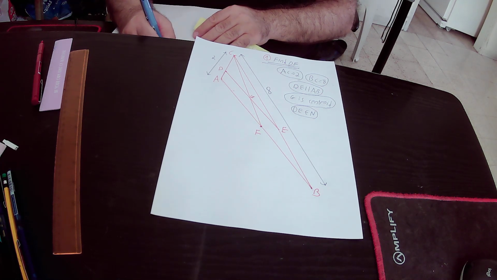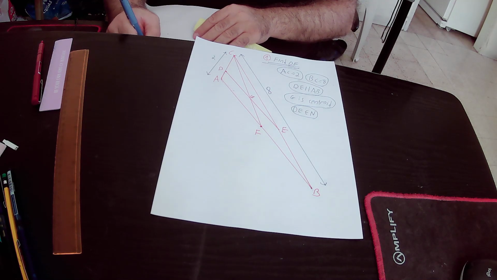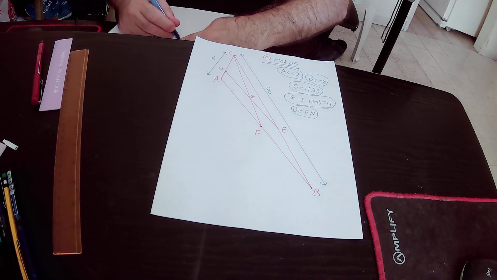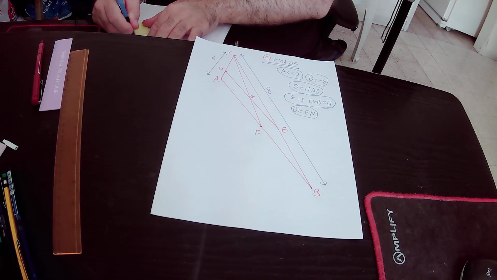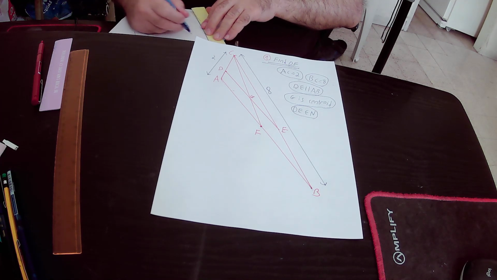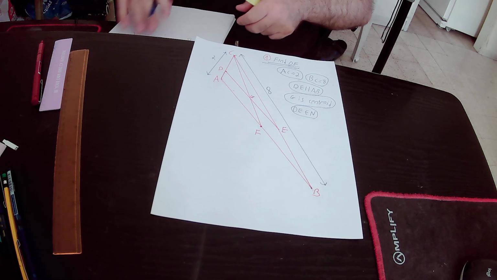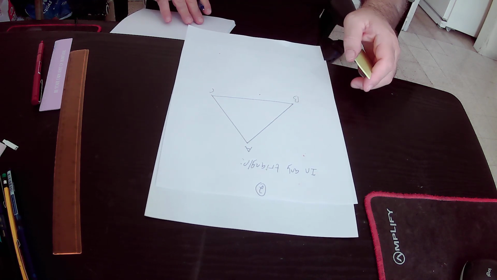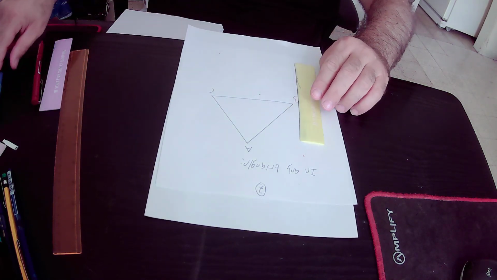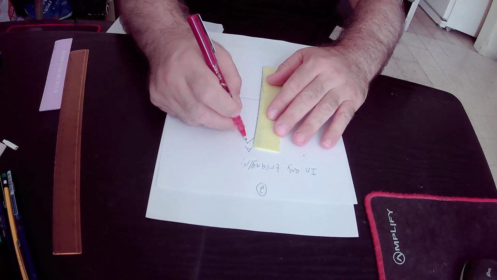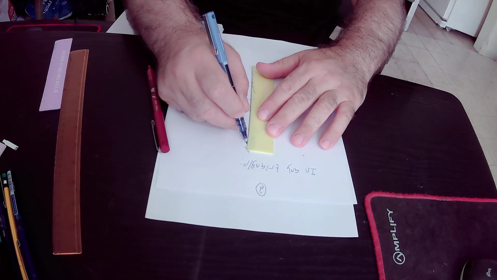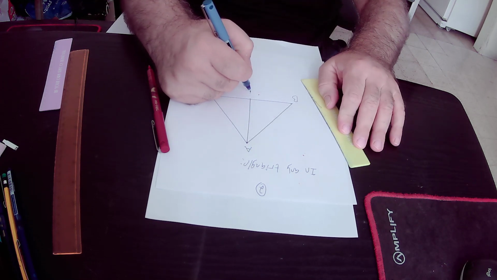In any triangle, so if we have triangle ABC, that could be any triangle, and we know that AD is the median to BC.